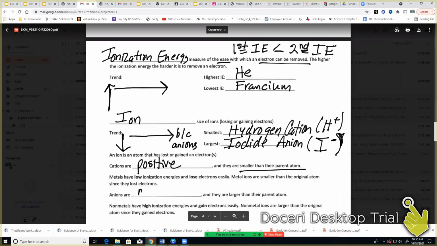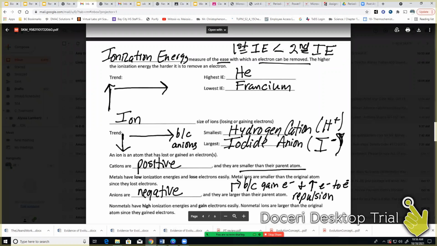Anions, on the other hand, which are your negative ions, are larger than their parent ions. They're larger because they're going to gain an electron and increase electron to electron repulsion. So the electrons are all in the electron cloud, which isn't very large.